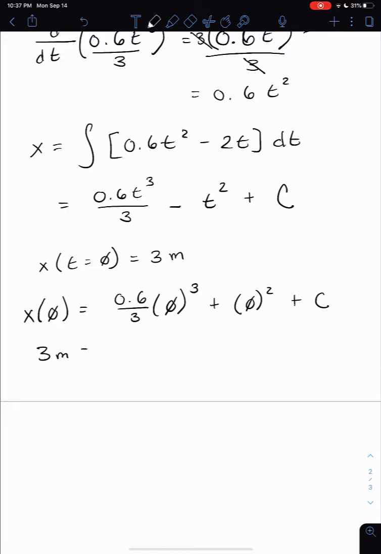I know that this equals 3 meters, so my constant must be 3 meters. So that means my equation that describes the position as a function of time looks like this.